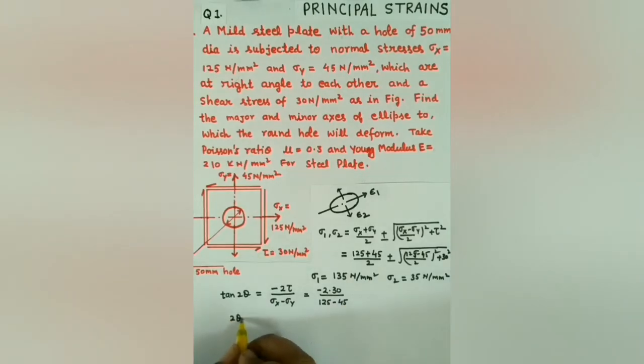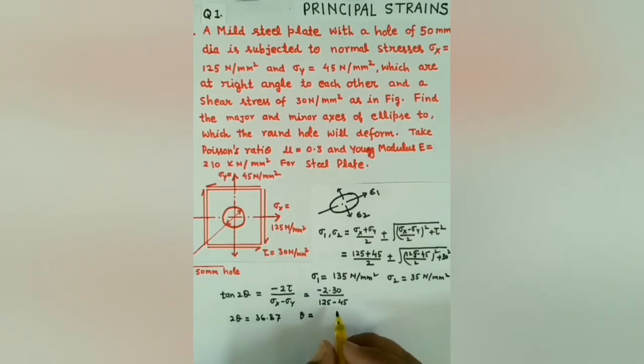This gives the value of 2 theta equal to 36.87, so that the angle theta is 18.43, and both are negative, so they will be measured in clockwise direction.